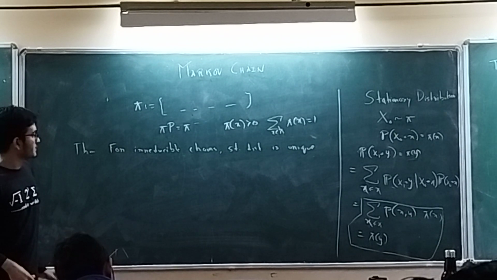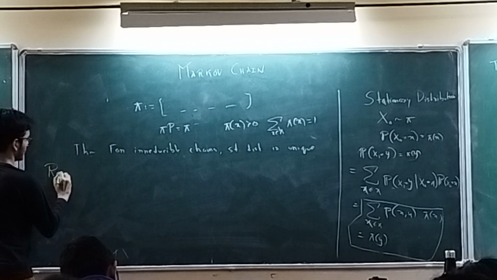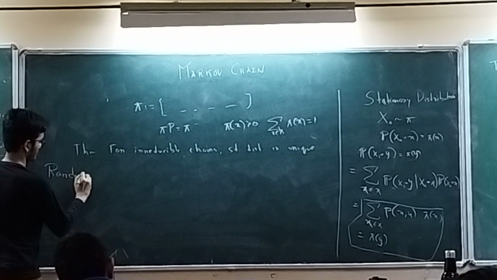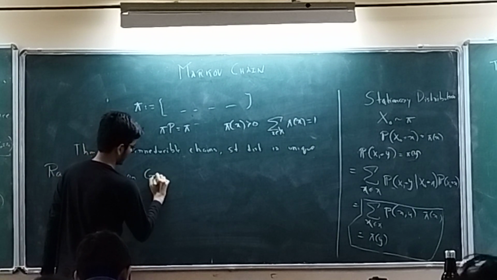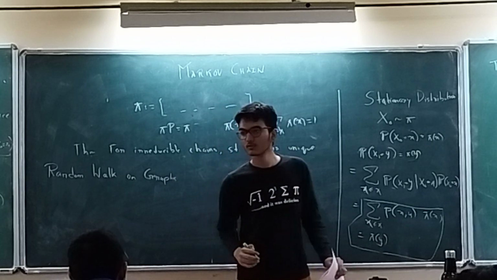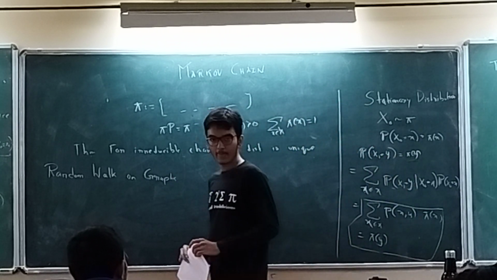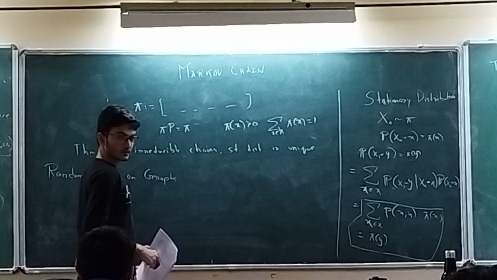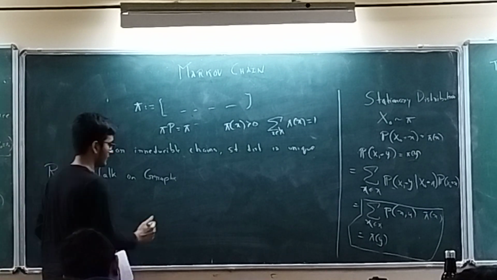Okay. So as promised, let me now give a nice example, which is random walk on a graph. Does everyone know what a graph is? Not the function graph. Hopefully everyone knows, so I am not going to define that again.